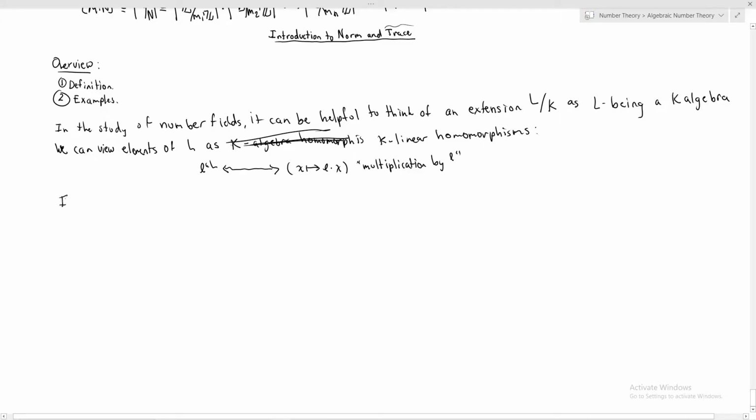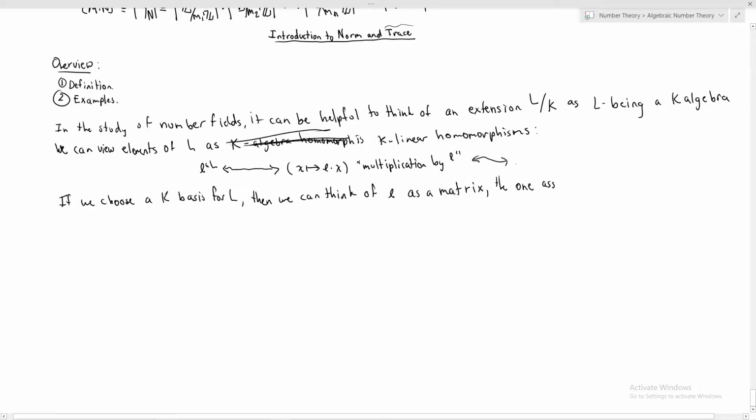Okay, so if we choose a K basis for L, then we can think of l as a matrix, basically the one associated to the multiplication by l map.